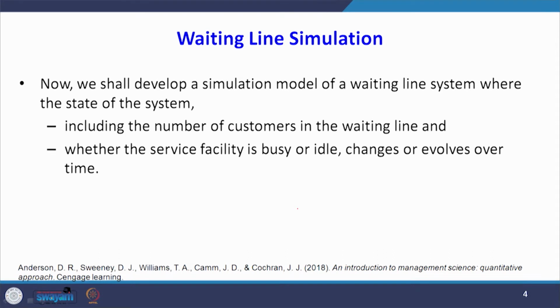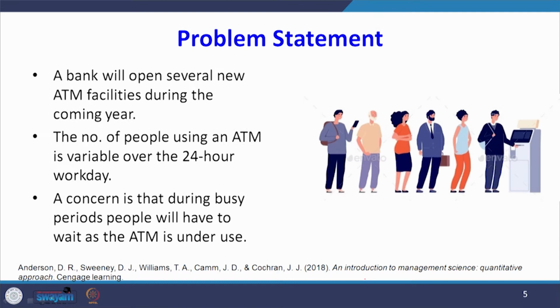Now, we shall develop a simulation model for a waiting line system, where the state of the system, including the number of customers in the waiting line and whether the service facility is busy or idle, changes or evolves over time.